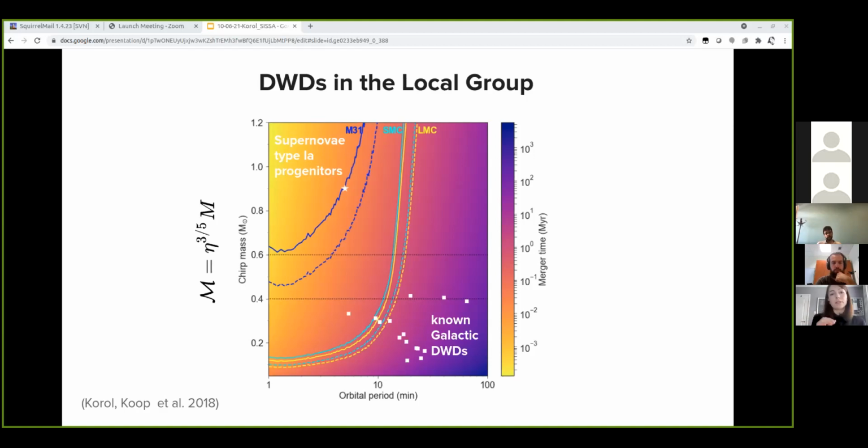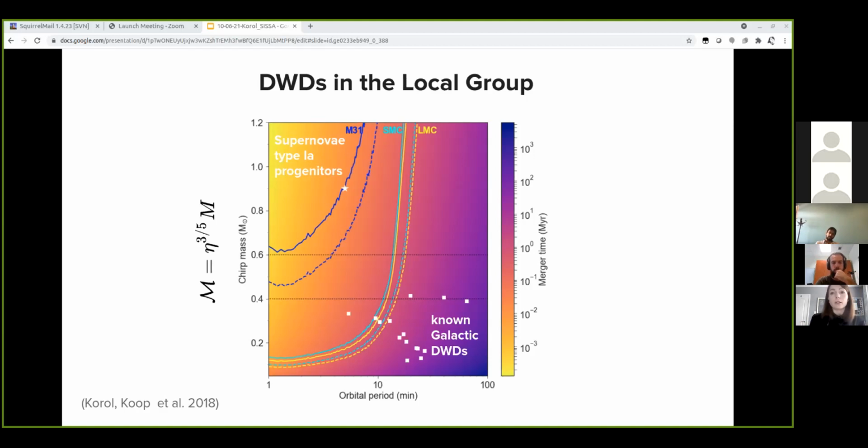And these curves delimit parts of the parameter space above them accessible to LISA. So what we can read from this plot is that LISA can detect binaries with orbital periods shorter than 20 minutes and basically any chirp mass in the Magellanic Clouds, and those with orbital periods less than 5 minutes and chirp masses higher than 0.6 in the Andromeda Galaxy.